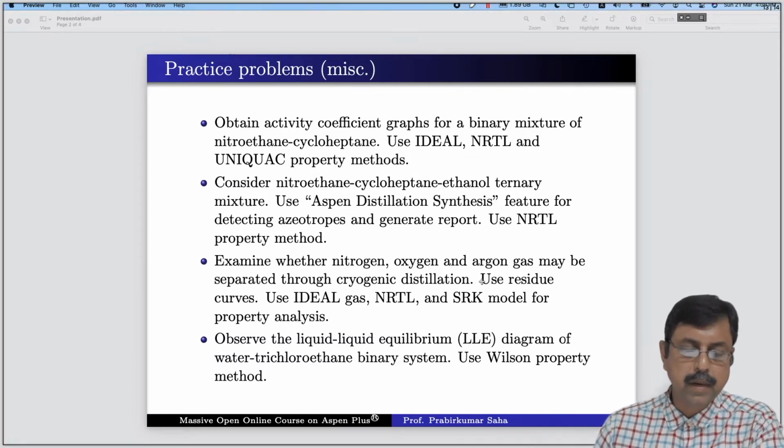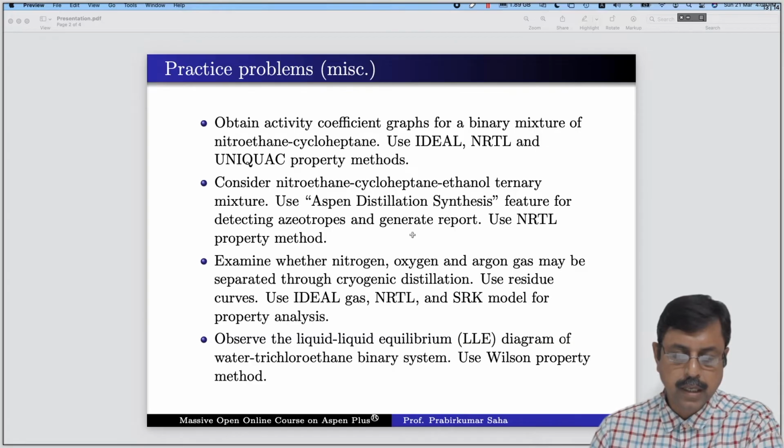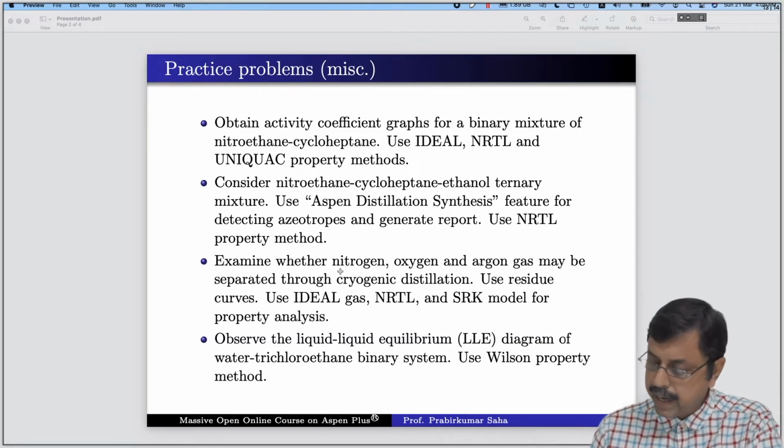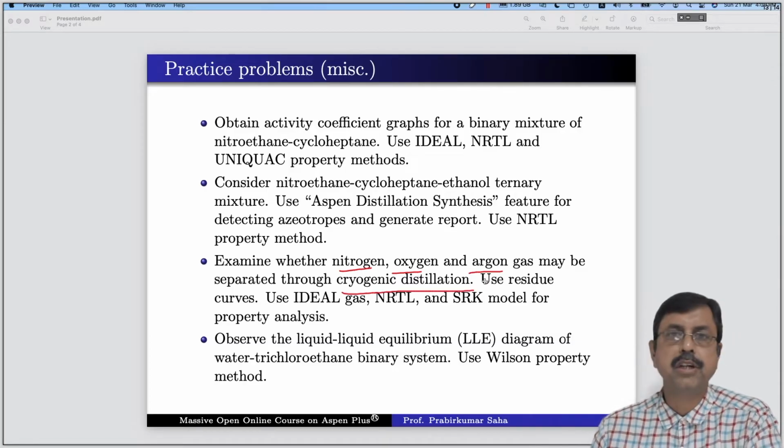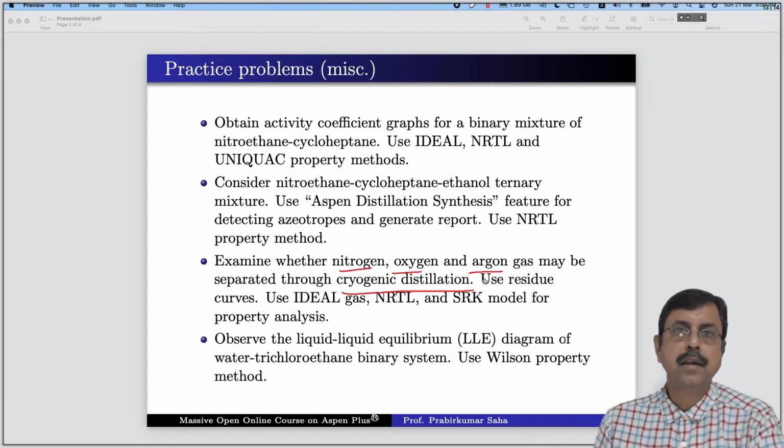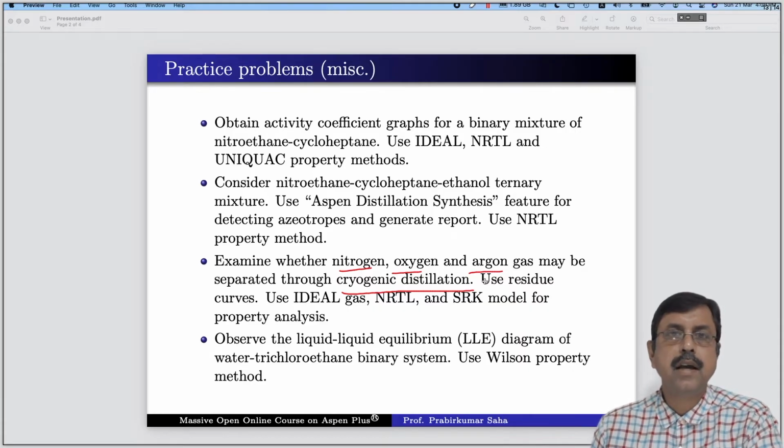Now our next problem is examining whether nitrogen, oxygen and argon gas may be separated through cryogenic distillation. Cryogenic distillation means the distillation that is done below 0 degrees centigrade. Now, at normal temperature, all these components like nitrogen, oxygen, or argon, all of them are gas.